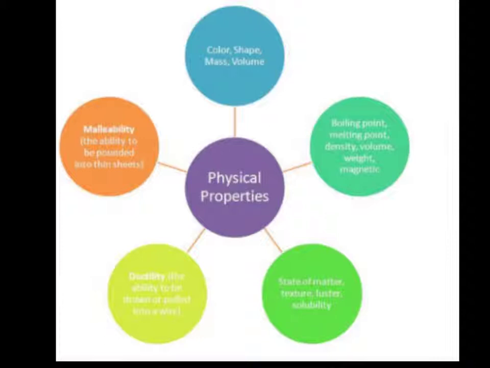Ductility, not ductibility, is the ability to be drawn or pulled into wire. There's also malleability, which is the ability to be hammered or pounded into thin sheets. So I want you to learn these basic physical properties of matter. Remember, they describe the substance rather than describing how it changes.